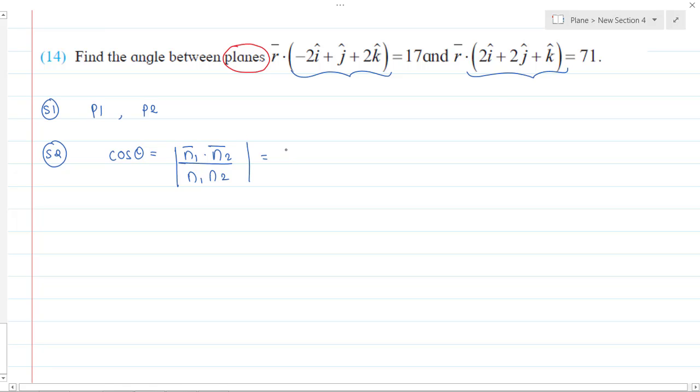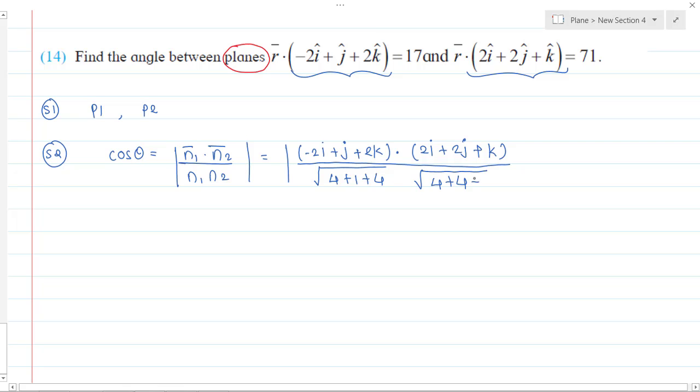So it is mod of minus 2i plus j plus 2k dot 2i plus 2j plus k, whole divided by their magnitudes. The first magnitude comes to 4 plus 1 plus 4, and the next is 4 plus 4 plus 1.